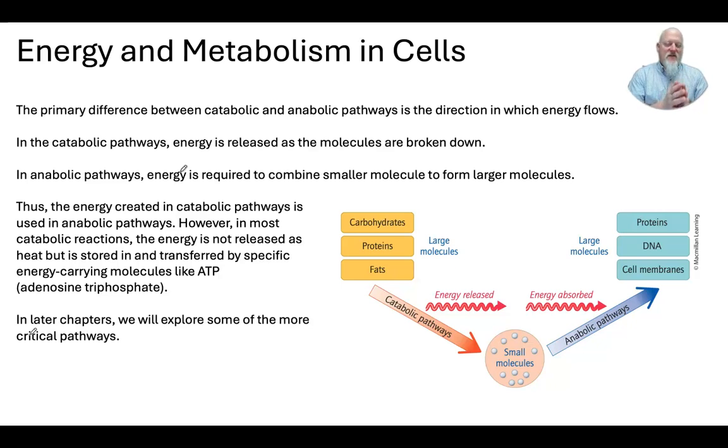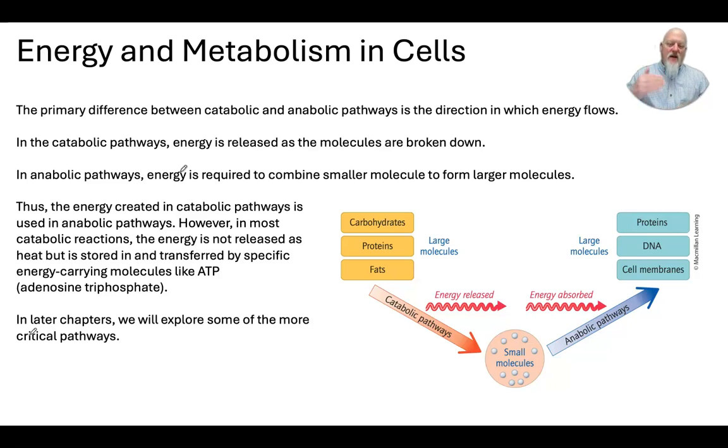Really, the difference here between anabolic and catabolic pathways is simply, well, obviously, if we're building up bigger molecules or breaking down bigger molecules, but it's ultimately the direction in which the energy flows.